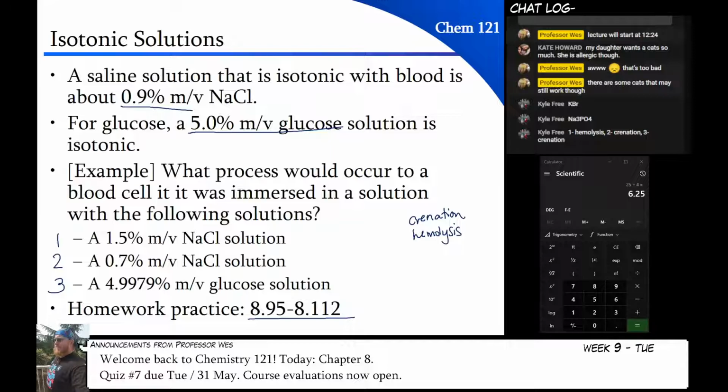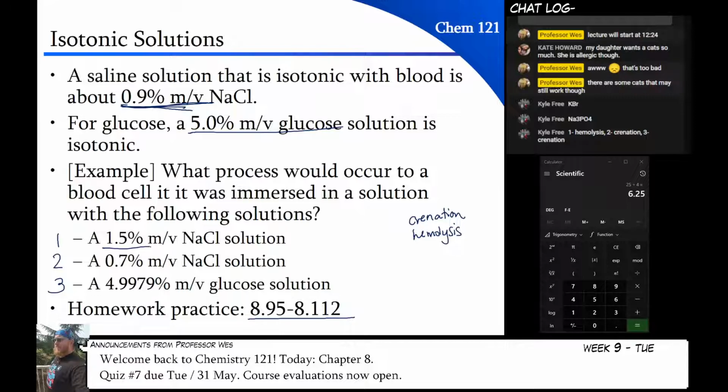One more minute, we'll go over the answer. All right, so we said a 0.9 solution for sodium chloride would be isotonic.